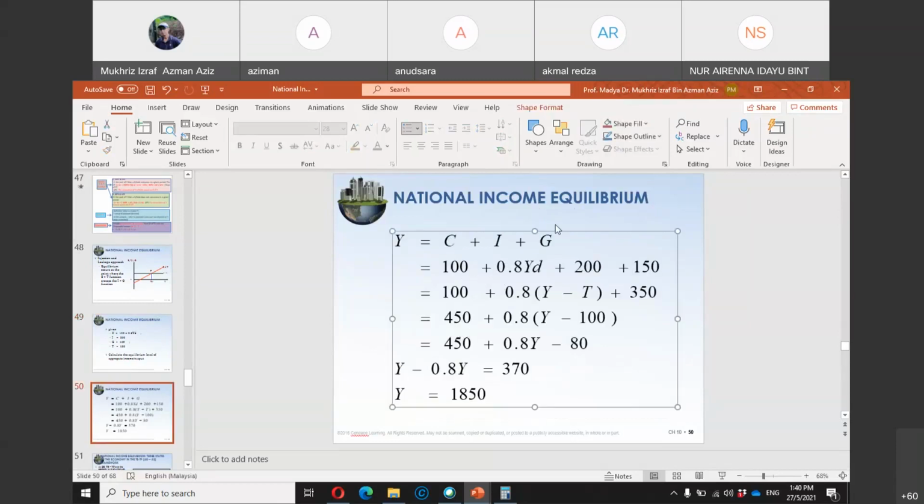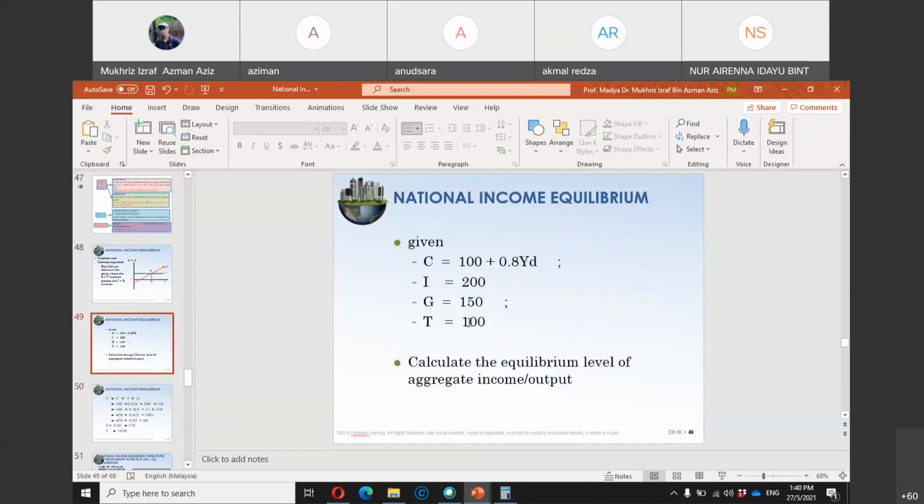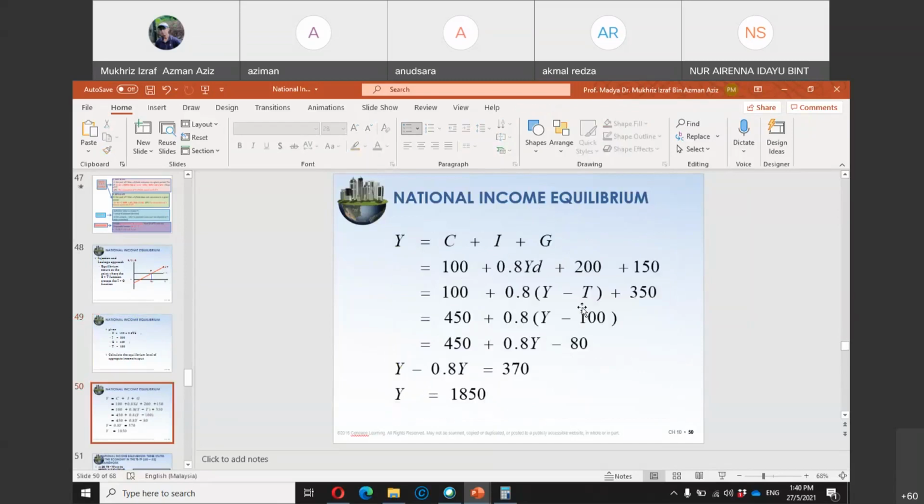Just use C plus I plus G: 100 plus 0.8 YD plus investment 200 plus G 150. You know that YD is Y minus T, and T is given as 100.